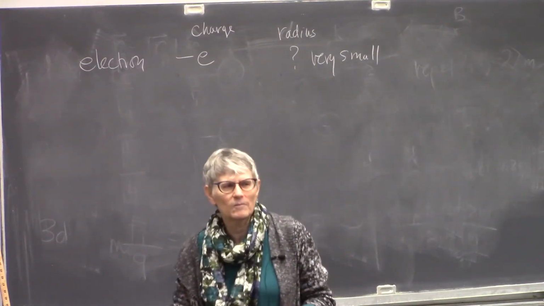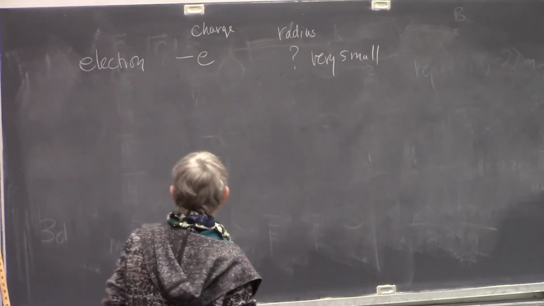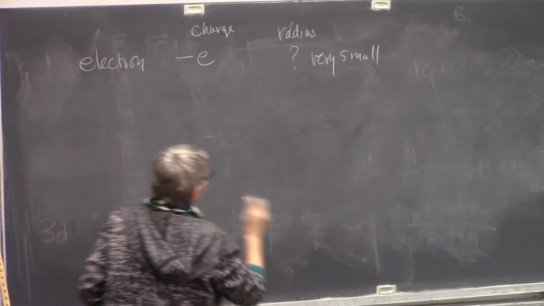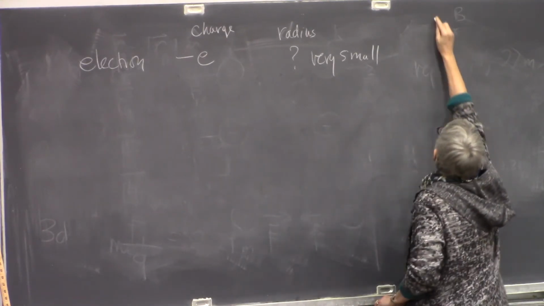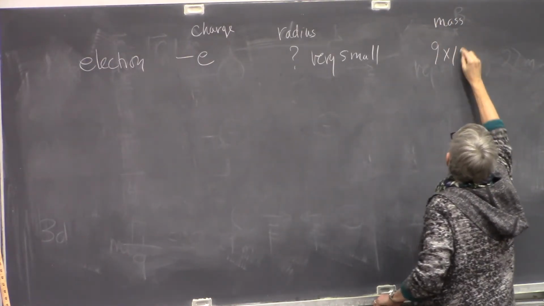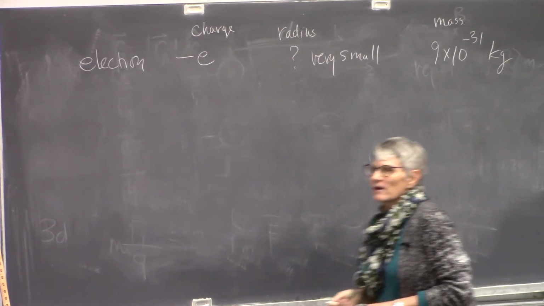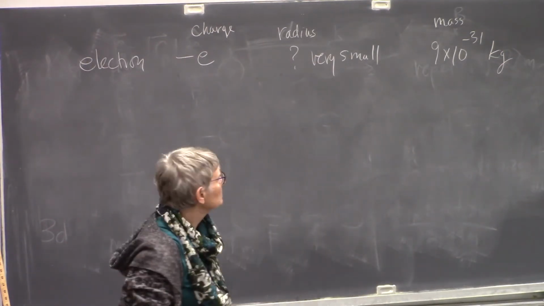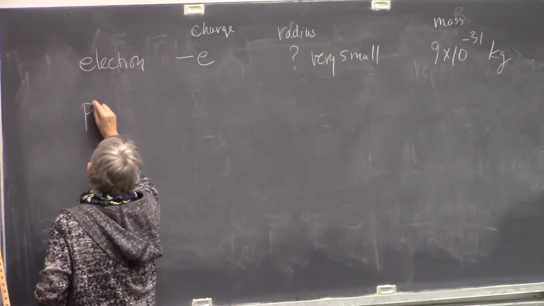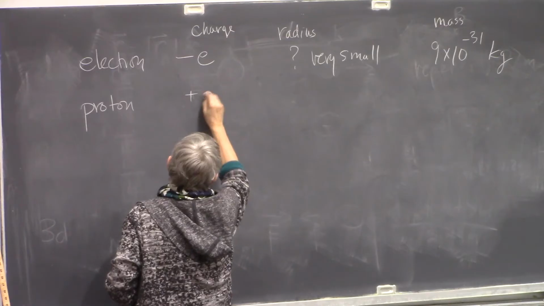So what's another charged particle you know about from chemistry? Protons. The mass of an electron is about 9 times 10 to the minus 31 kilograms. Protons: its charge is plus e.